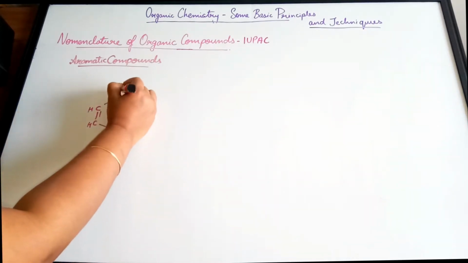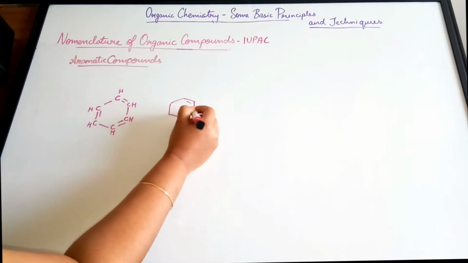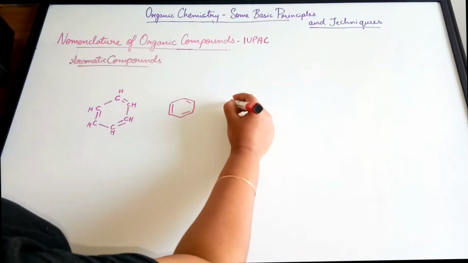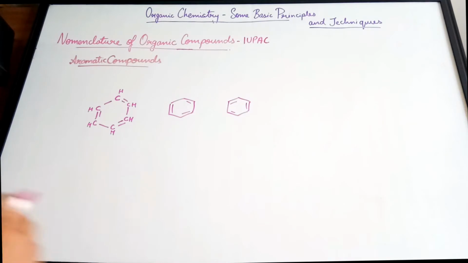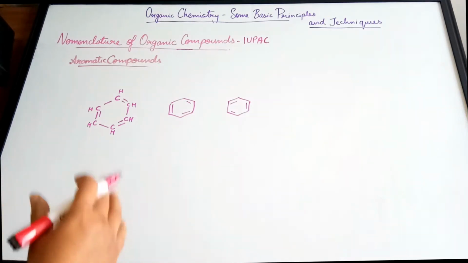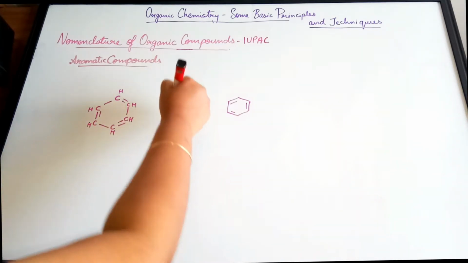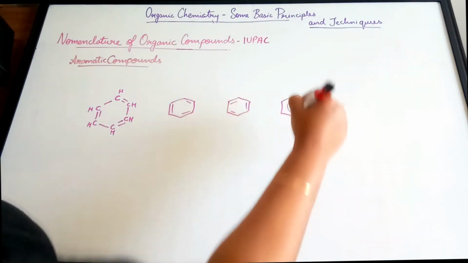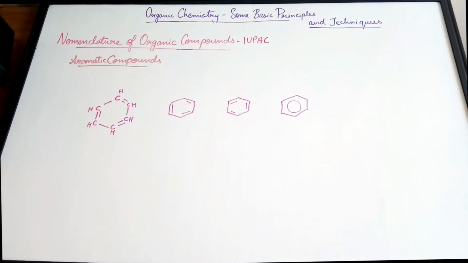So this can be written as this, or it can also be written as this. Basically all these double bonds are said to be in resonance, which means they keep exchanging their positions. The electrons will basically form a cloud in between, and that is denoted as a circle. So any of these three can be used to represent a benzene ring.